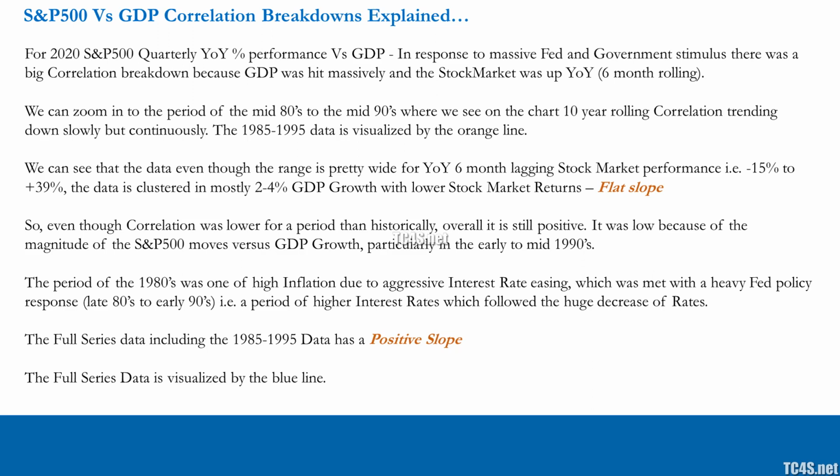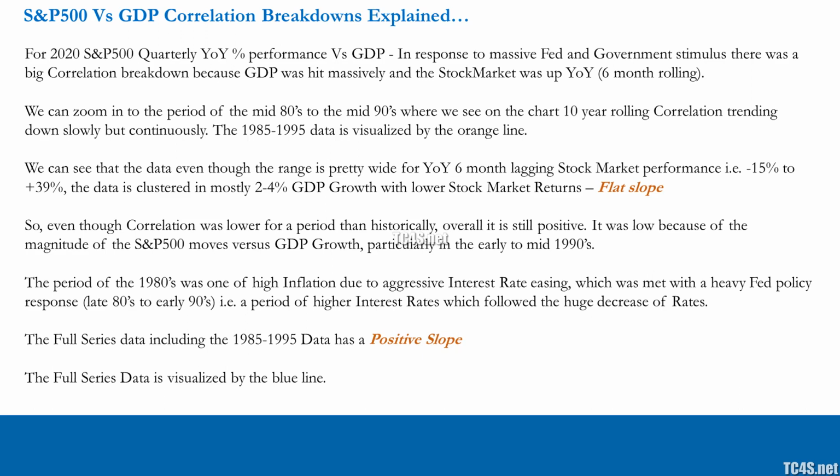So the period of the 1980s, when we look in the bigger picture, was one of very high inflation due to aggressive interest rate easing, which in the late 80s, early 90s, was met with a heavy Fed policy response in reversal. So a period of higher interest rates, which followed the huge decrease in rates.